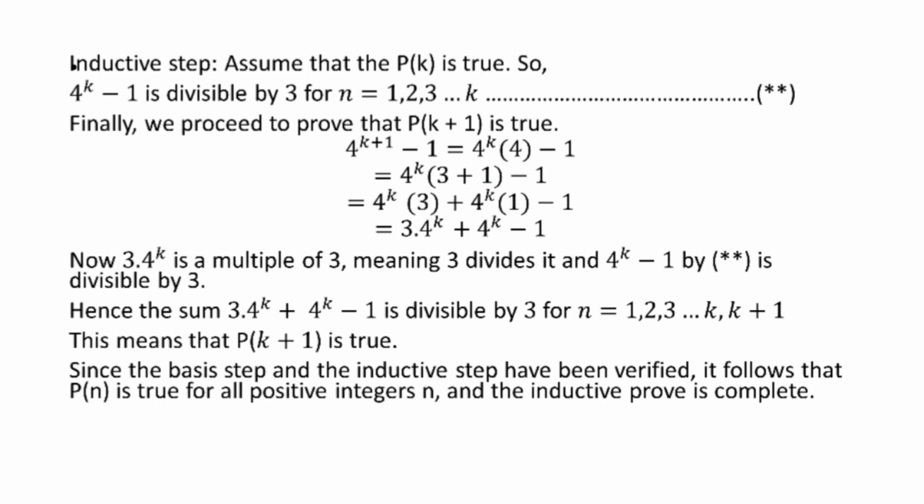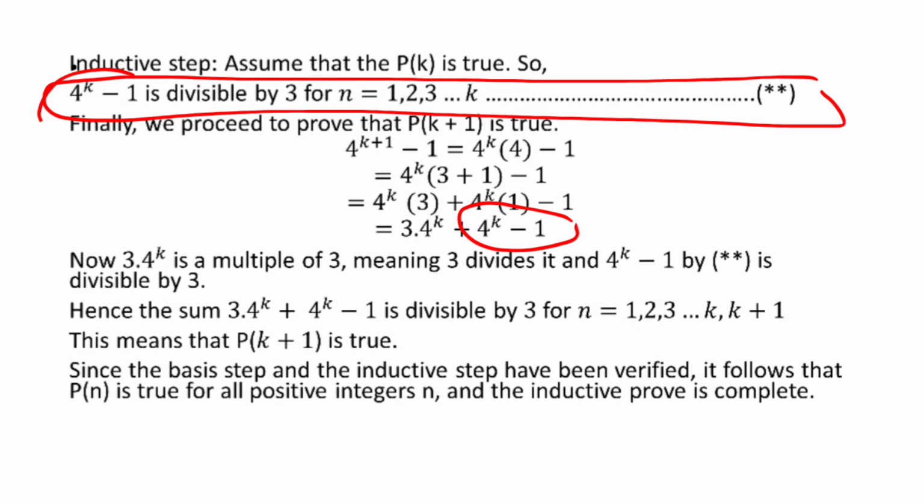You have seen this term before. See it up here. This one is divisible by 3. And this one is 3 times some value, which is a multiple of 3, right? Meaning that it is divisible by 3.